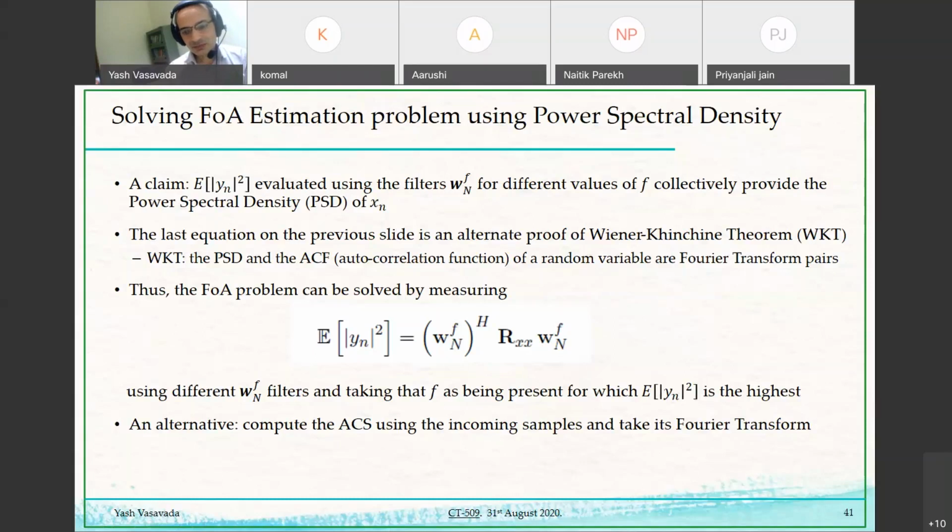And then we would take its Fourier transformation. And then according to the Wiener-Khinchin theorem, I will get the power spectral density. That could have been one way to do it. Which one would you think we should do? Should we do this or should we do this one using our filters?